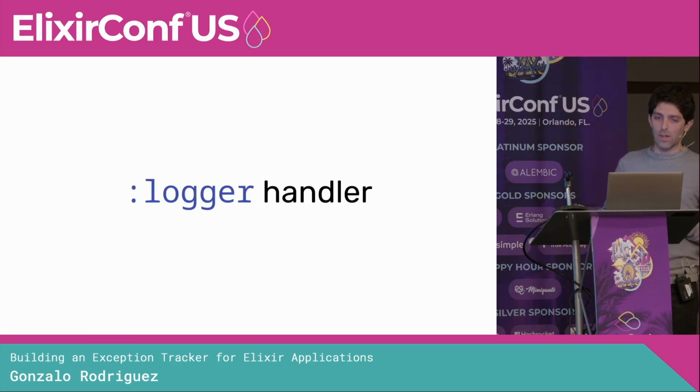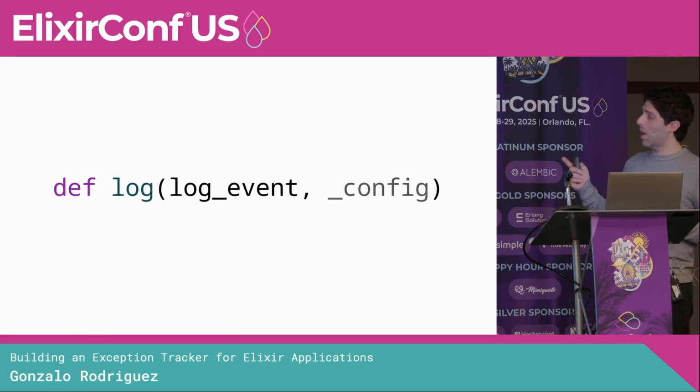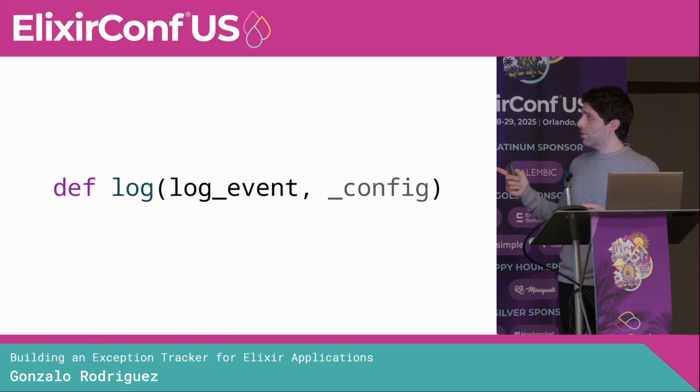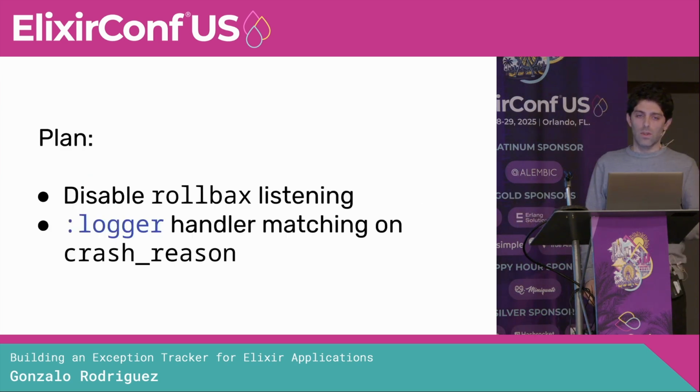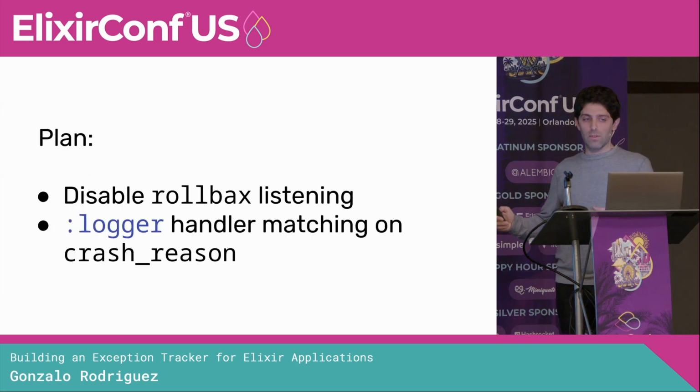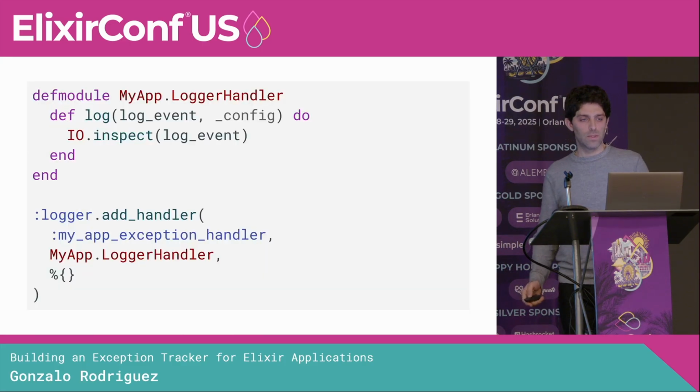A logger handler can be any module that defines just a log function receiving a log event and some configuration. So our plan was to turn off Rollbar listening and write a simple logger handler matching on crash reason.